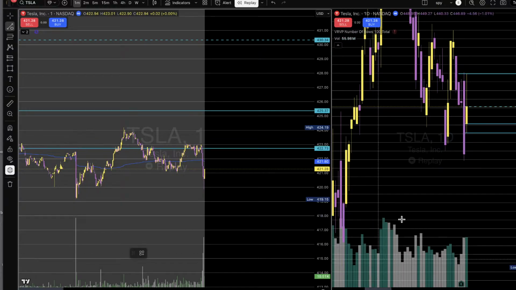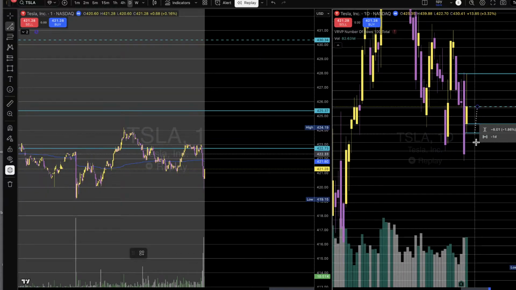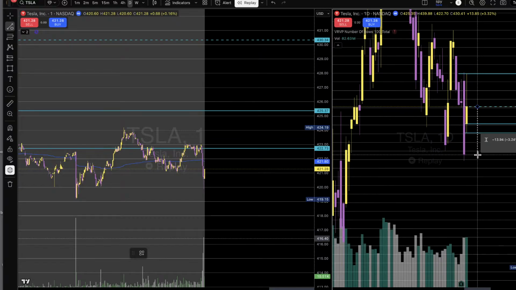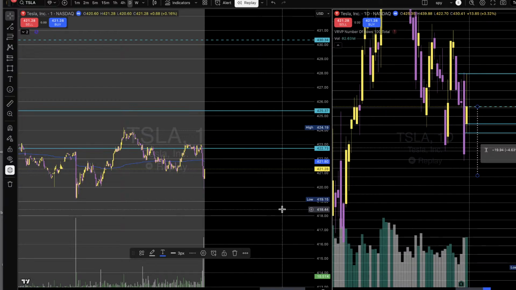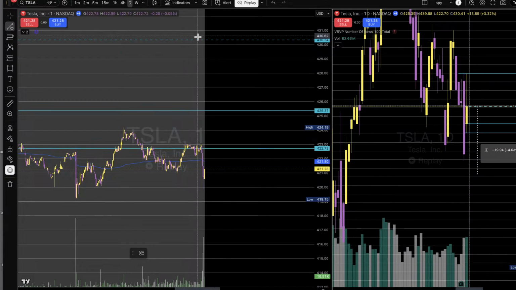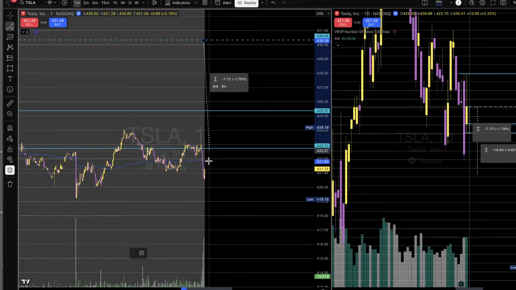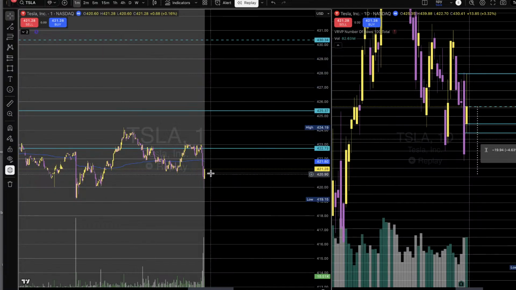And I like to mark the average max move. So this stock, Tesla, can move up or down 5% from the close of the prior day. And in this particular morning, we're already down like 2%.